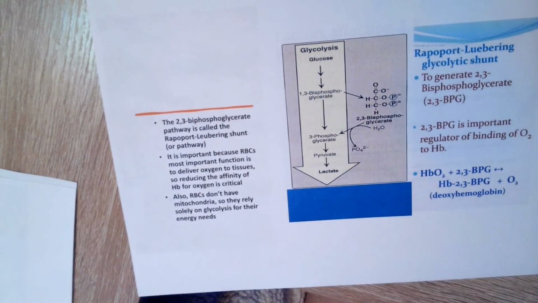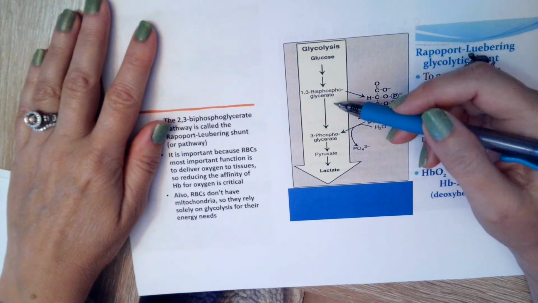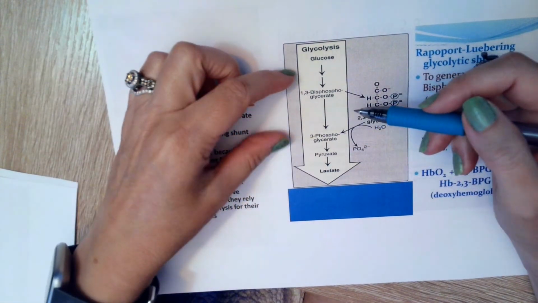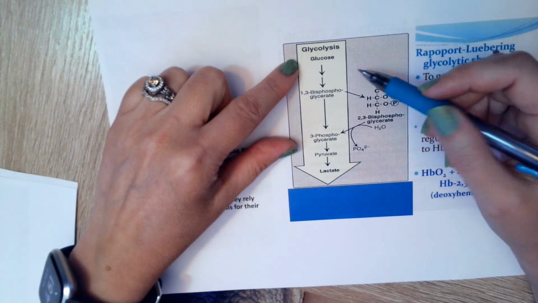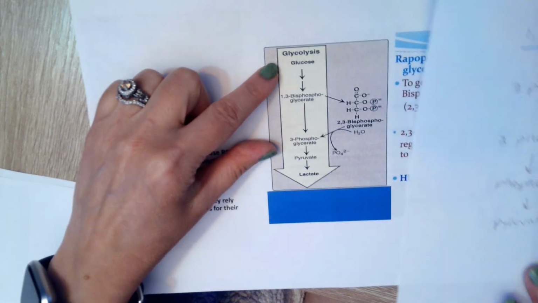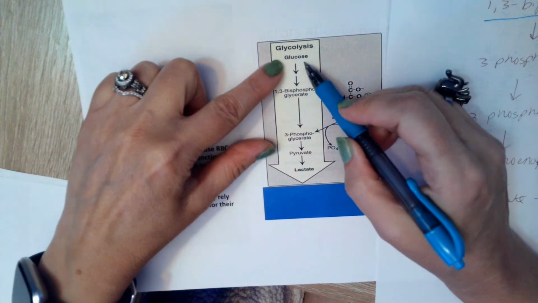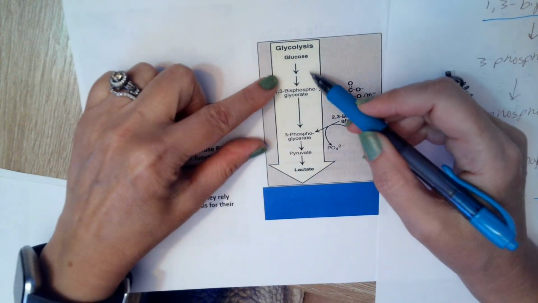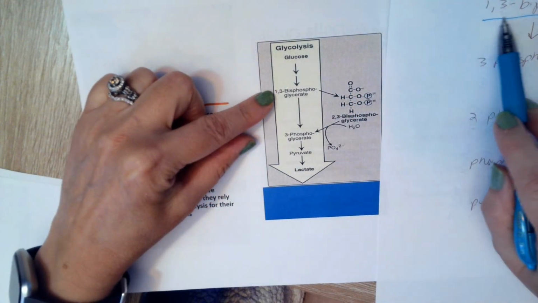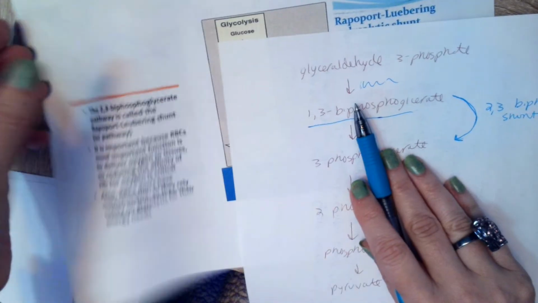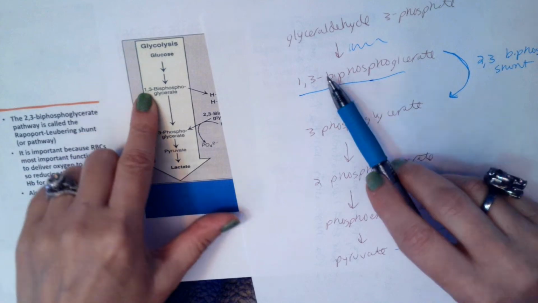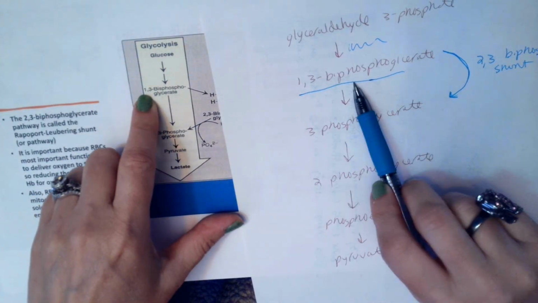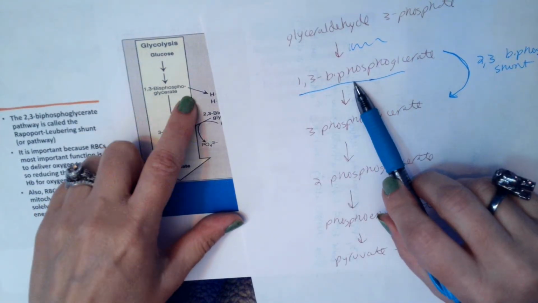Okay, so here we have kind of a truncated glycolysis metabolic map where it goes straight from glucose, kind of skips over some steps, goes right into 1,3-biphosphoglycerate. So let's try and get these side by side here. So see, 1,3-biphosphoglycerate. We'll have our shunt over here.